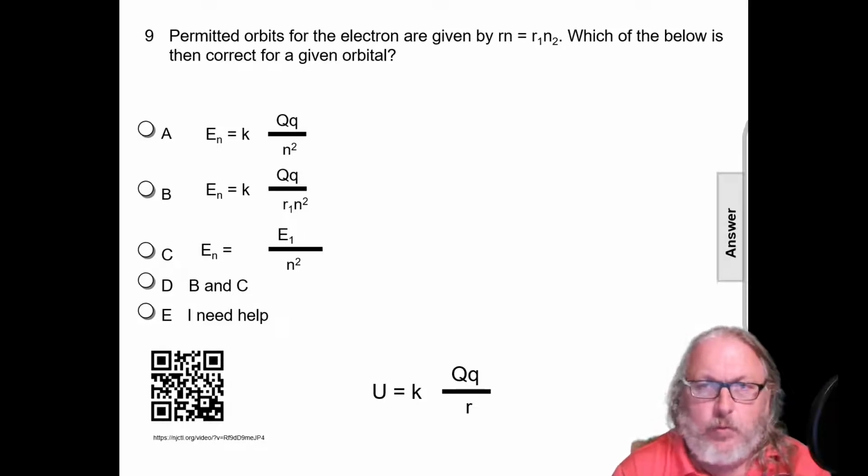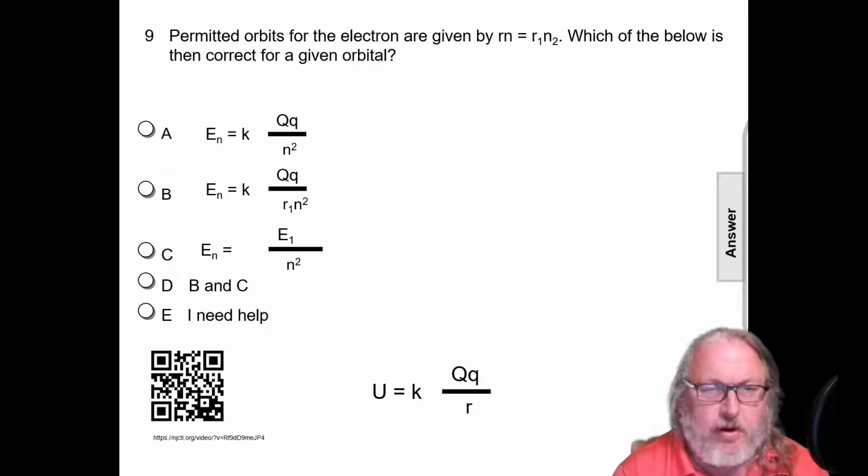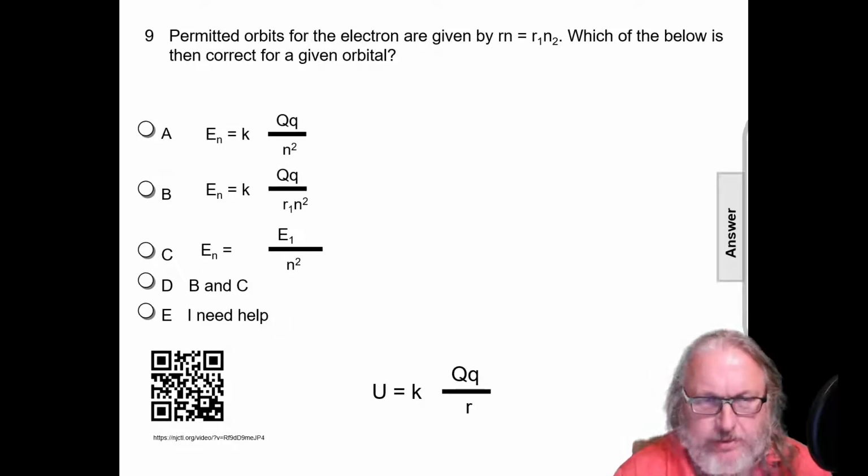Which of the below is then correct for the given orbital? E sub n equals K times capital Q times q over n squared. Or E sub n equals K times capital Q times q over R sub 1 n squared.